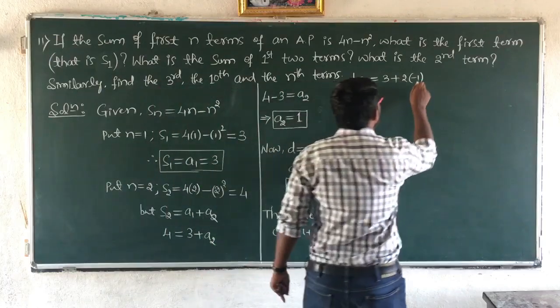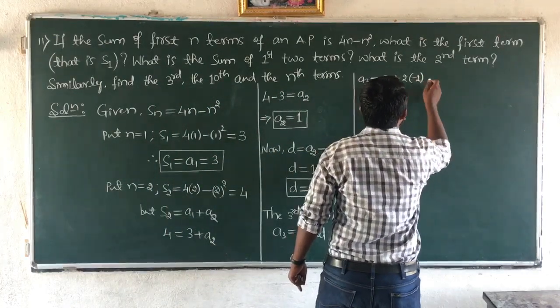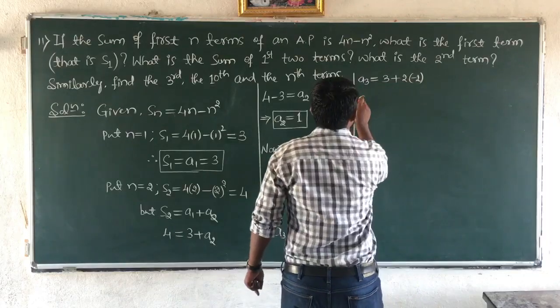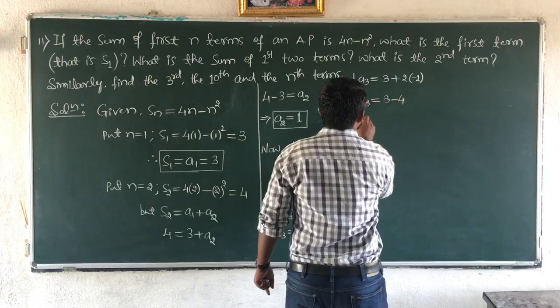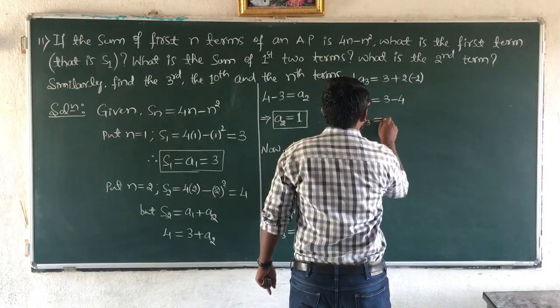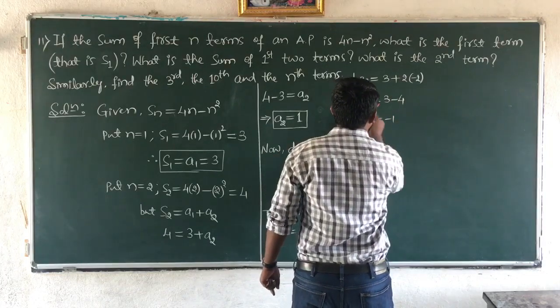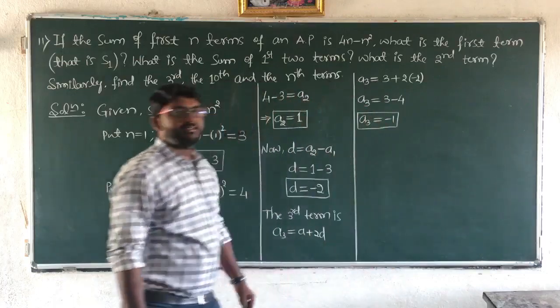Then how much do we get if we simplify this? A3 is equal to 3 minus 4, A3 is equal to minus 1. So the third term is minus 1.